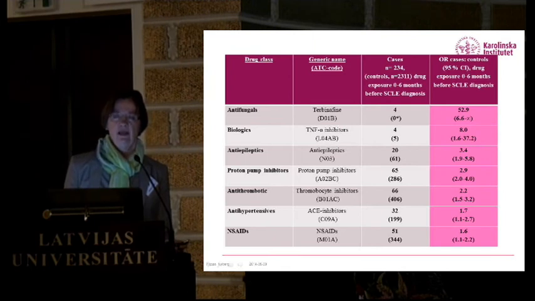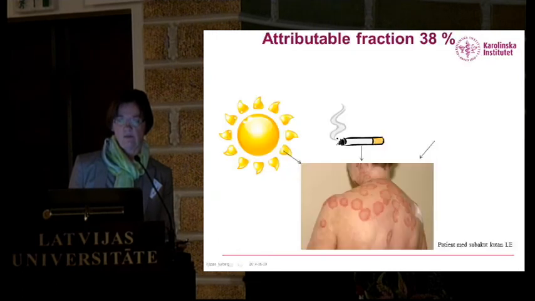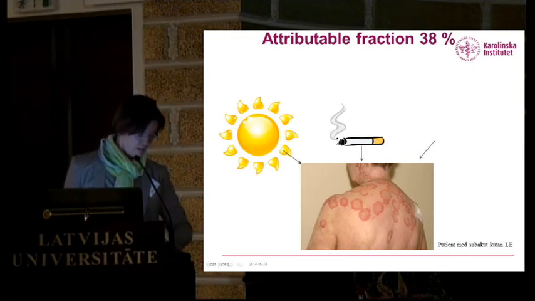We did not find thiazides in that study because of too few patients, but it's very well known that thiazides can also cause drug-induced subacute cutaneous lupus. So 38% of subacute cutaneous lupus were shown to be caused by drugs, and that's quite a large extent, so you should always look for that in your patients with subacute cutaneous lupus.